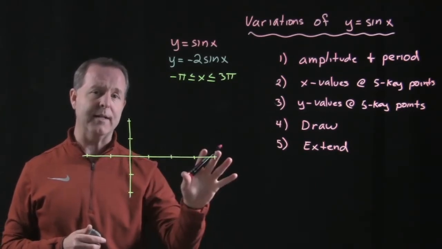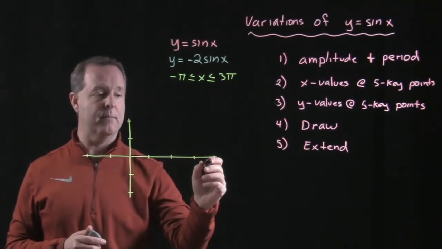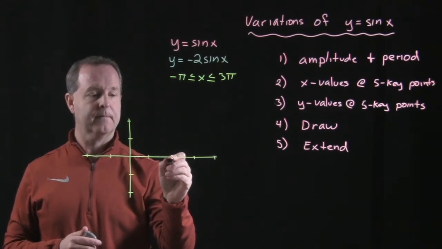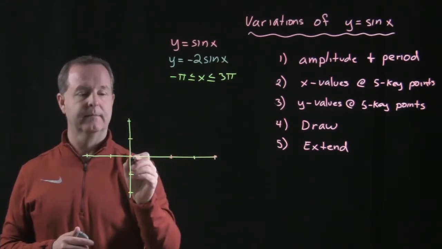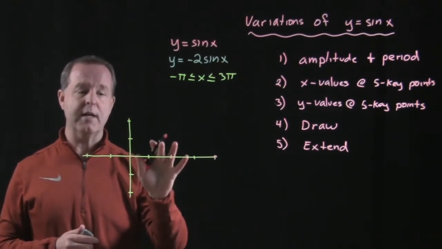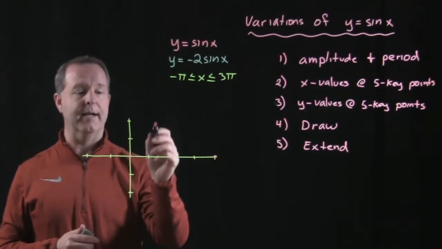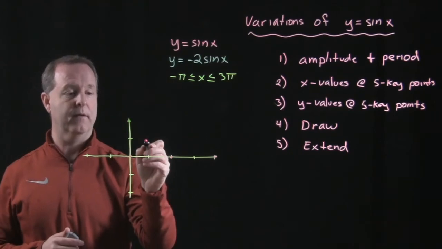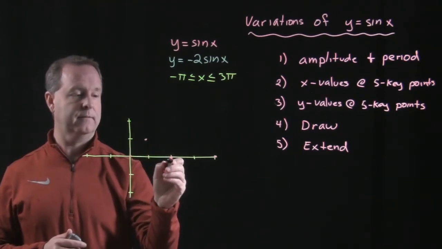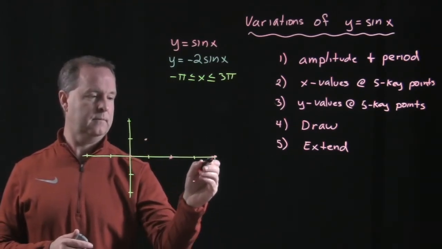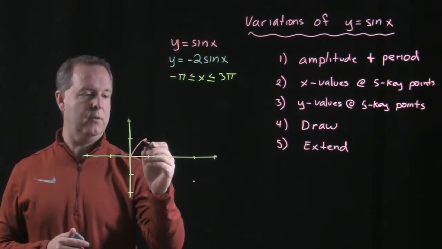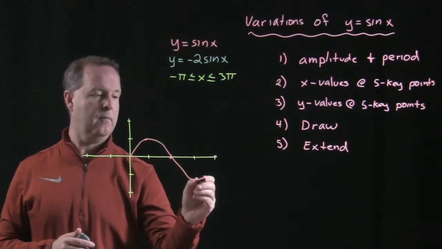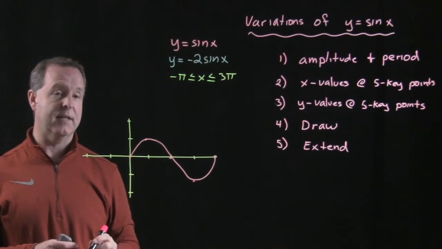There are 5 key points along the graph along its period. And we've done this before, so you already know where those key points are. Pi halves, pi, 3/2 pi, and so forth. And then the graph has a nice, smooth shape such as that.